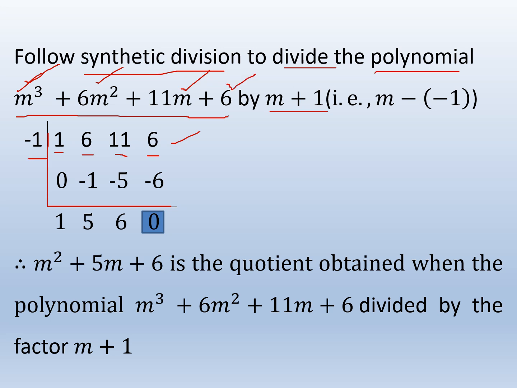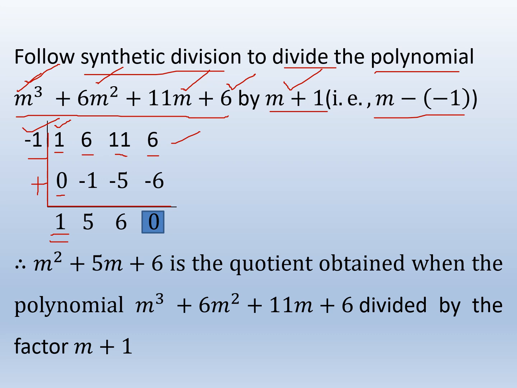Outside this, place minus 1, which is taken from the divisor m plus 1, that is m minus of minus 1. Now, the process begins like this. Inside this, place 0 below the first number, that is 1. Initially, add 1 and 0. We get 1. Next step, multiply minus 1 with this 1.